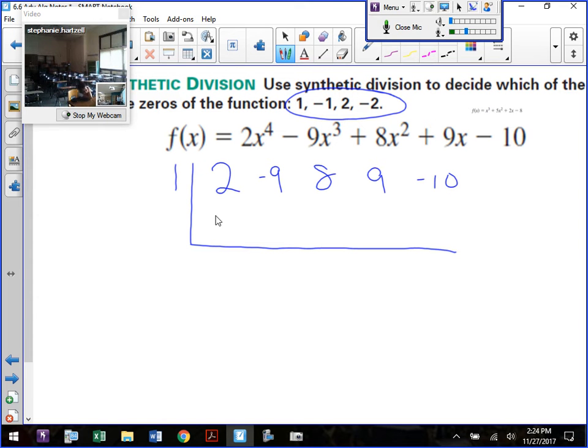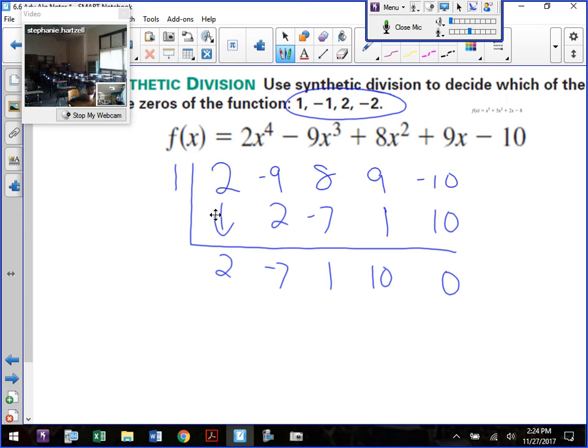What was the first rule for synthetic division? Drop the 2. Now, when you drop the 2, what do you do to the 2? You multiply on the outside, so I'm going to multiply it by 1. And now what do you do on the inside? You add. Good. So 7, multiply, add, multiply, add, multiply, add.